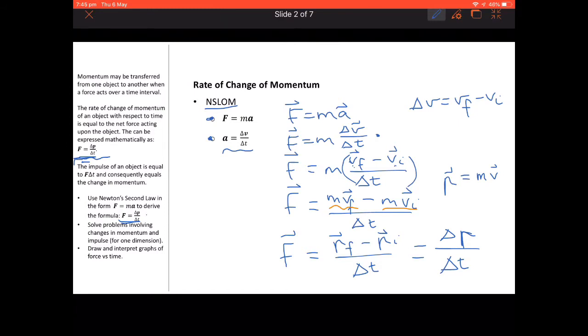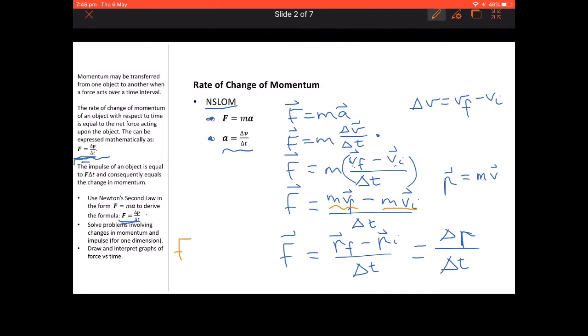So this derivation illustrates that the rate of change of an object's momentum is proportional to the net force applied to the object. The rate of change of momentum, which is change in momentum divided by the change in time, is proportional to the net force.